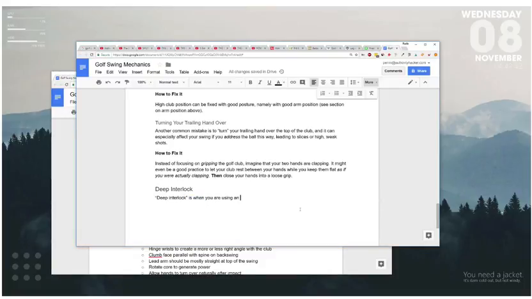Deep interlock is when you are using an interlocked grip and you really jam your pinky between your index finger and middle finger, creating a tight grip.